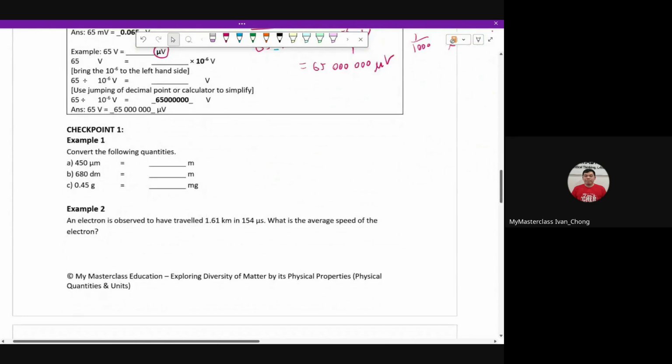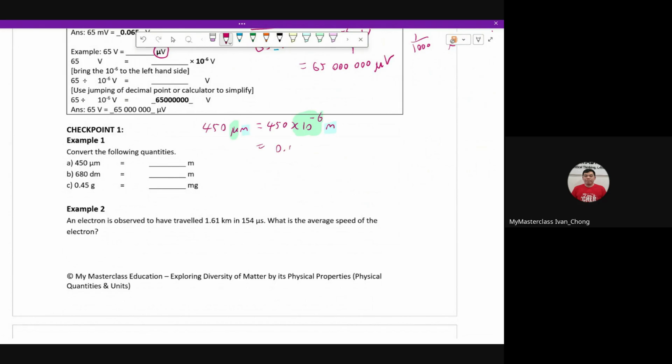Let's try some examples. 450 micrometer. I have the prefix, I will times. Micro is a small letter, so we put minus, and micro is actually 6. So meters over here. You can see it's very important for you to jot down the units, because the units tell you what to do.